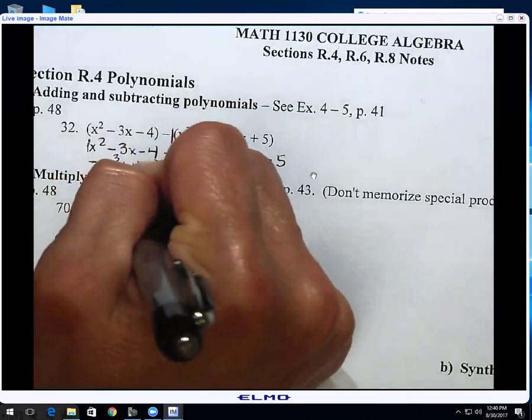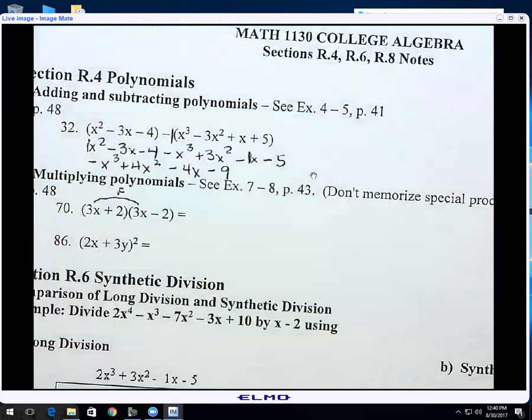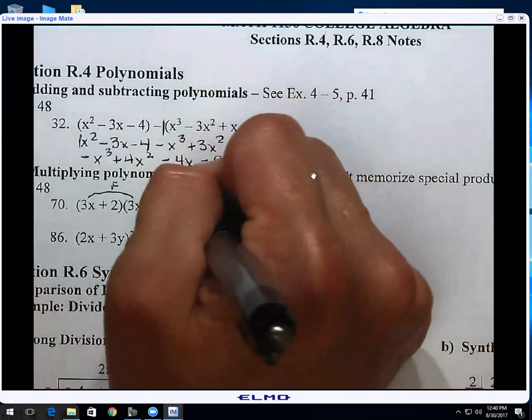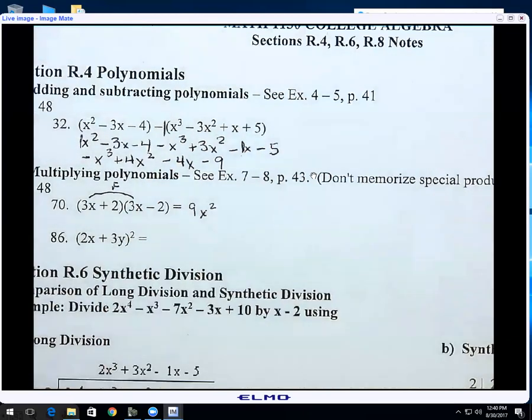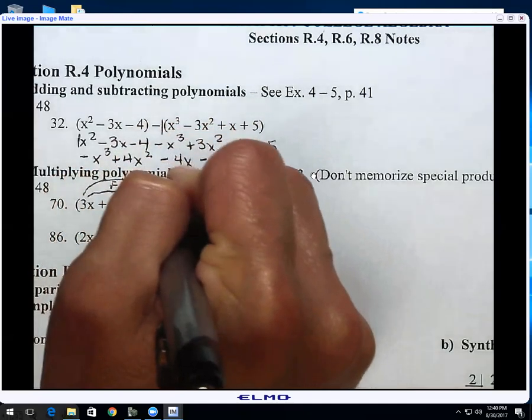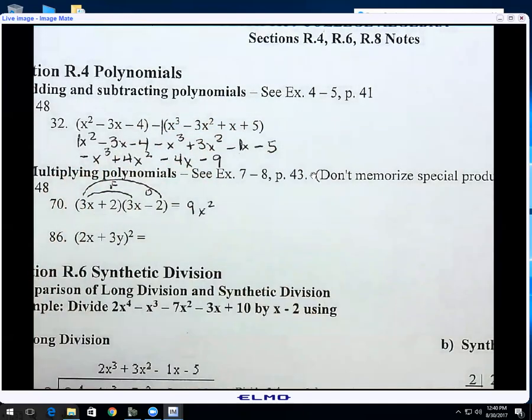I don't have to have some special product formula memorized. I'm just going to multiply the first and get what? Well, make sure you're multiplying 3x times 3x is 9x squared. Don't forget to multiply the 3's. And then the outer terms are the two that are farthest from each other. What's 3x times negative 2?